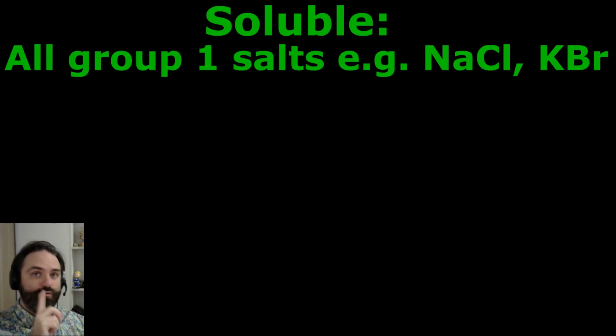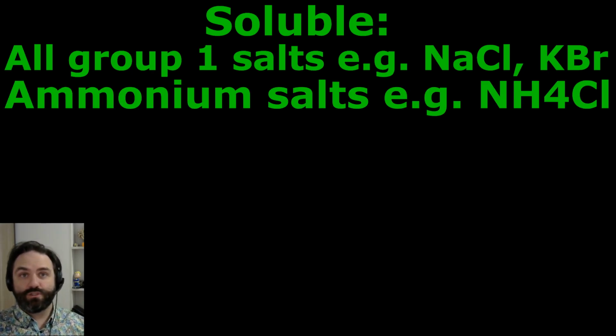Every salt that contains an element from group 1, so sodium, potassium, is always soluble. Always. There are no exceptions. So every salt which contains an element from group 1 is soluble. Every salt that contains the ammonium ion is soluble.